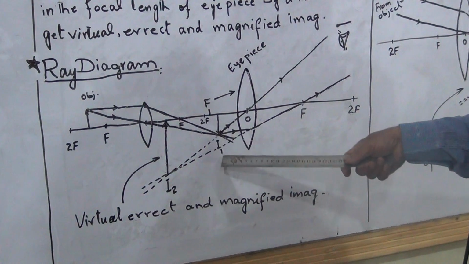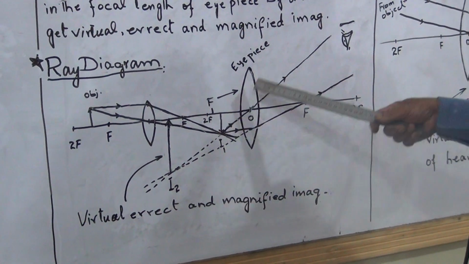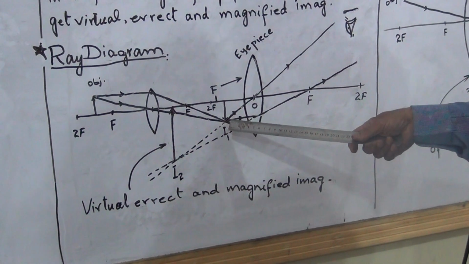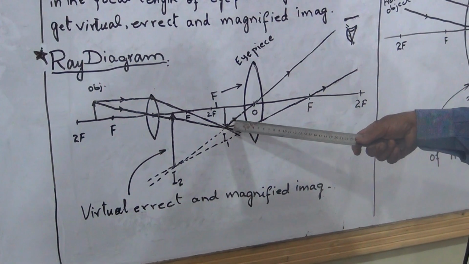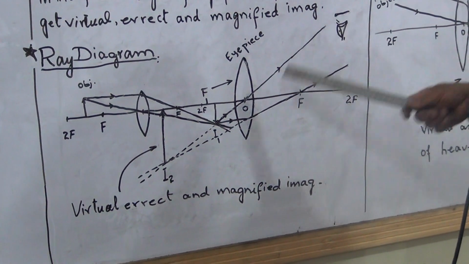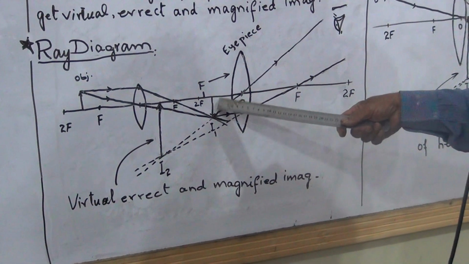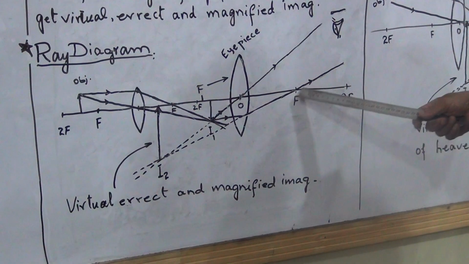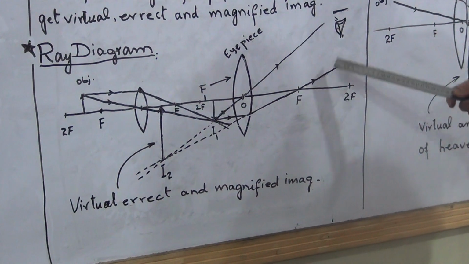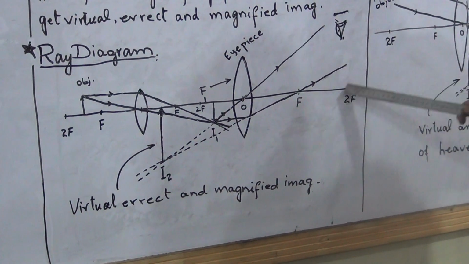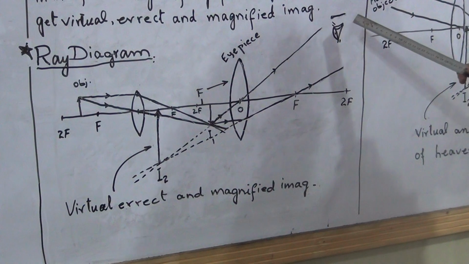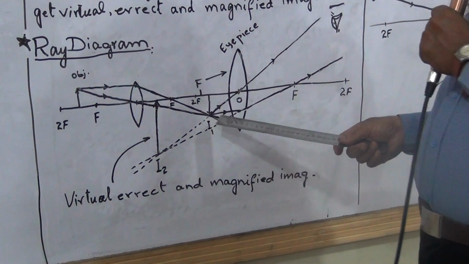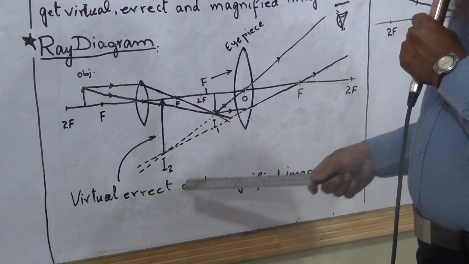Now this I1 is the object for this eyepiece lens. Likewise, one ray passes through the optical center and the other ray is taken parallel to the principal axis, which passes through the focal point. But here the rays do not actually intersect each other, so we get an imaginary intersection.